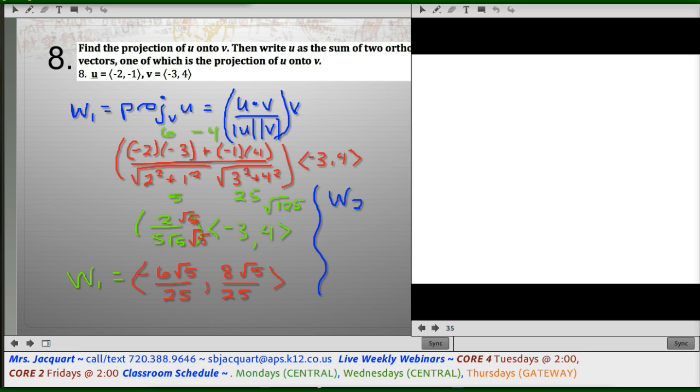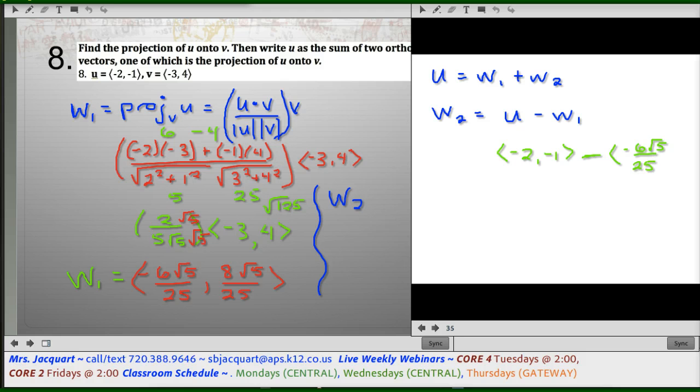Hopefully it will work. So U equals W1 plus W2. W2 equals U minus W1. And let's plug in what we know. So U is -2, comma -1. W1 is -6 square root 5 over 25, comma 8 square root 5 over 25.